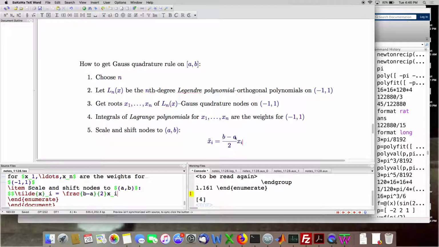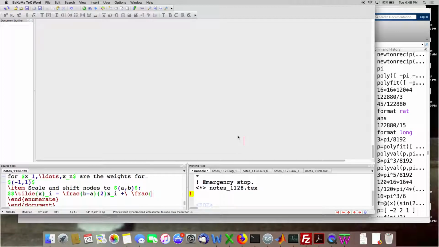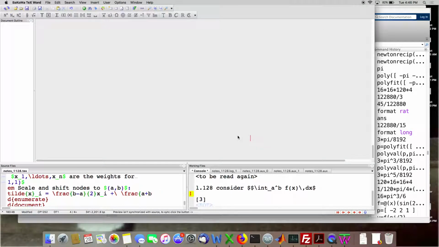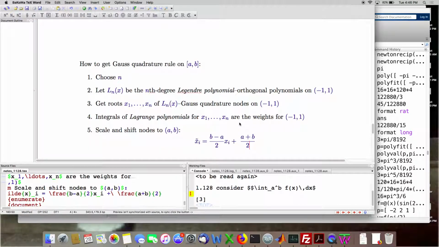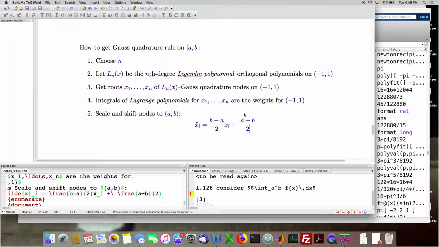Then multiply by the width we want, b - a, and then we have to shift by (a + b)/2. So scaling and shifting is all we need to do for the nodes.